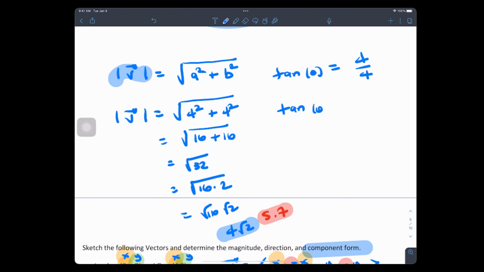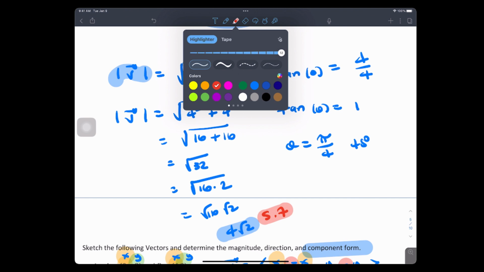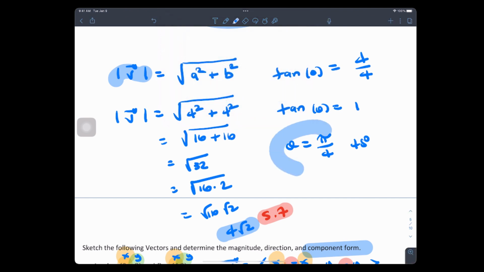What's tangent theta going to be here now? Isn't that going to be 1? What does that mean theta has to be? Isn't theta pi over 4, which is 45 degrees? So your angle is pi over 4, which is 45 degrees.